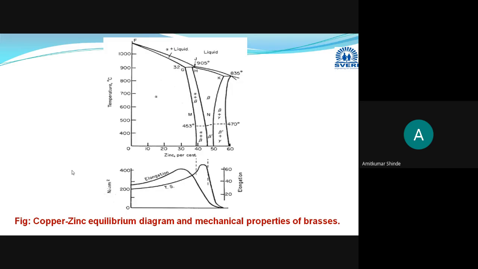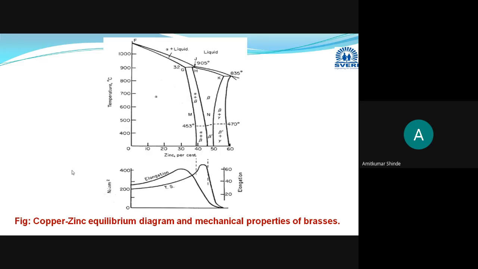Suppose copper forms an alloy with tin, then tin bronze. If with aluminum, aluminum bronze. If with nickel, nickel bronze. Like this, the classification will be there. And from that, this is the general equilibrium diagram for brasses.